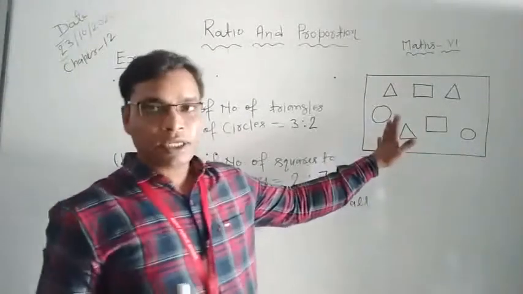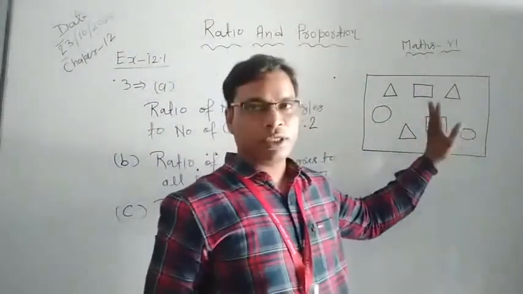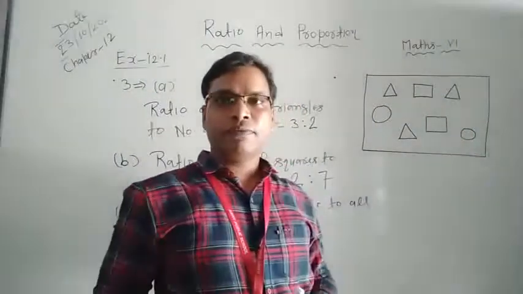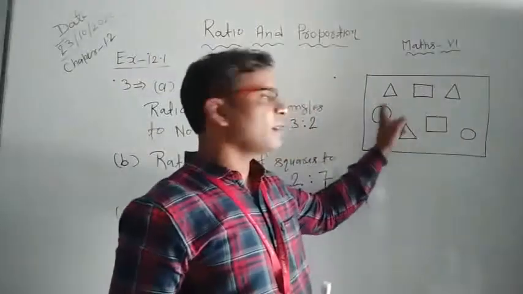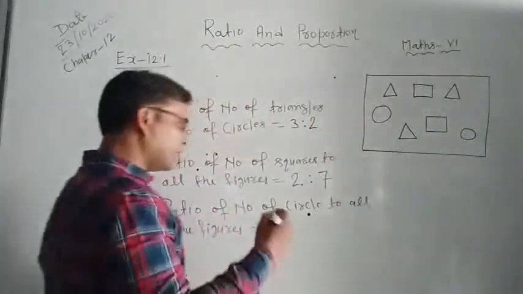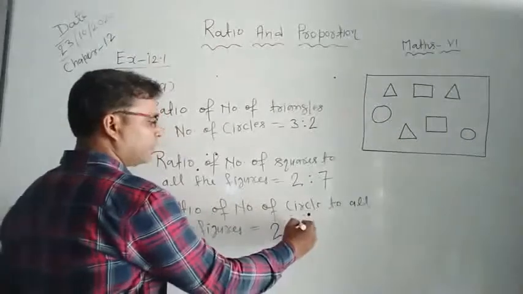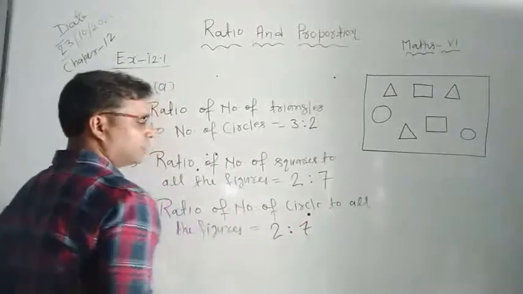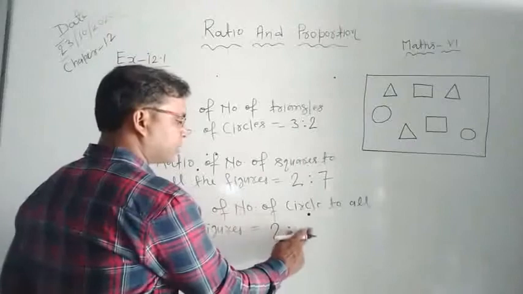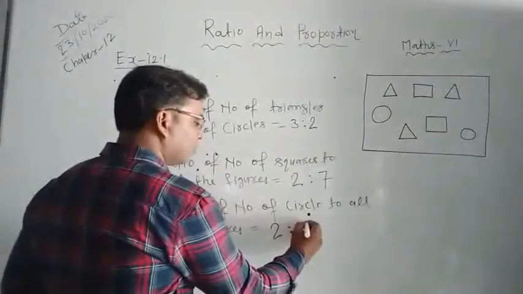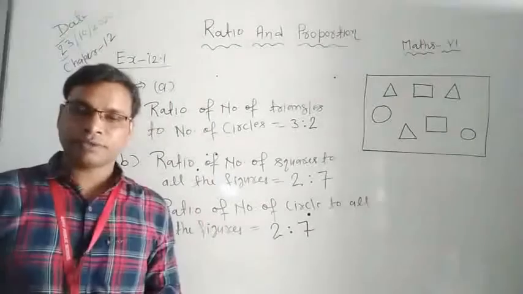You can see this rectangle we make here. So how many circles here? Only 2 circles here. And the number of figures is 7: 1, 2, 3, 4, 5, 6, 7. So first write the number of circles is 2, ratio to the number of all figures, 7. So you can see here the total ratio of the number of circles to all figures is 2:7. I hope all of you understood this question.